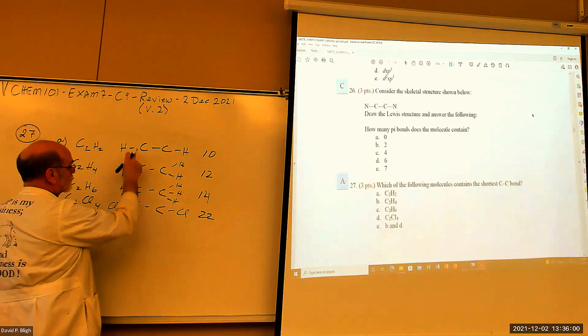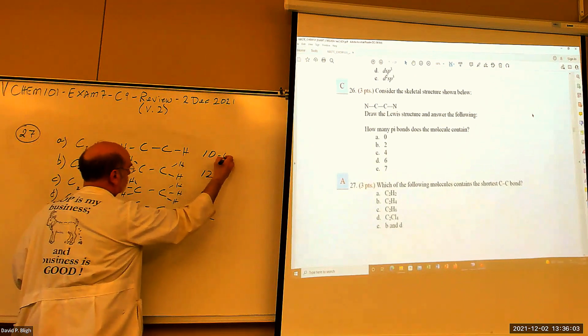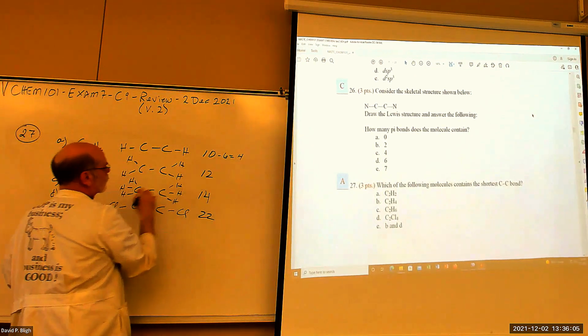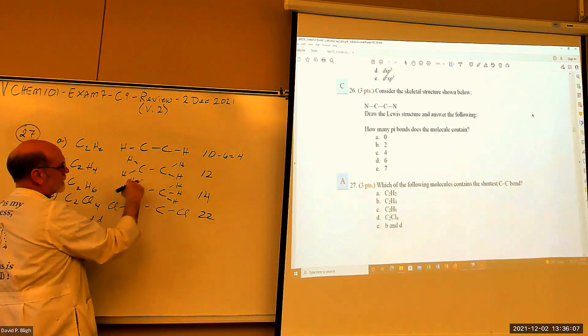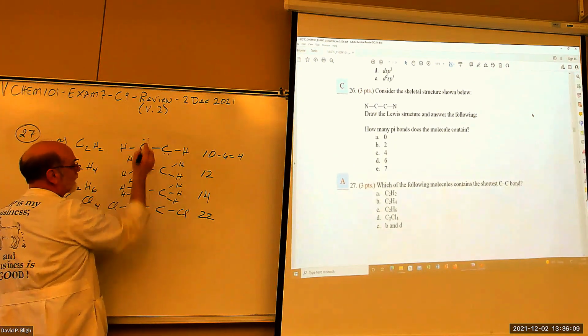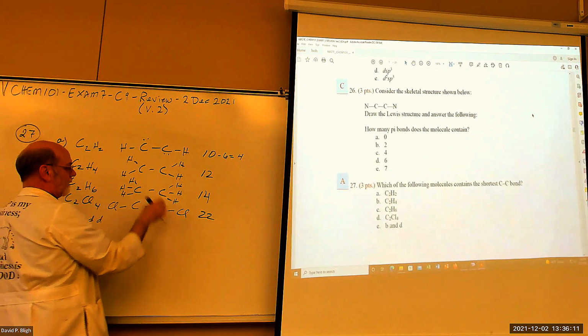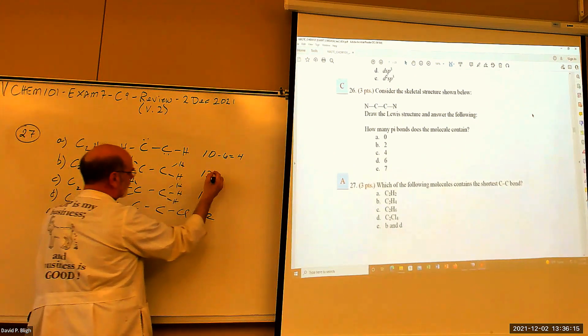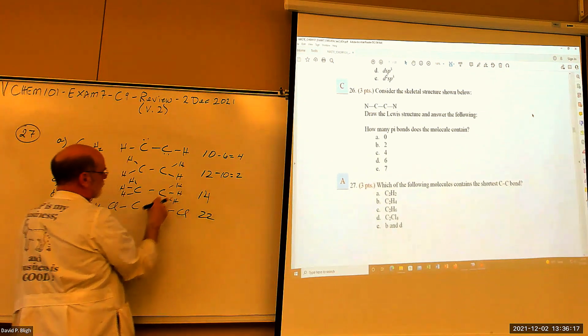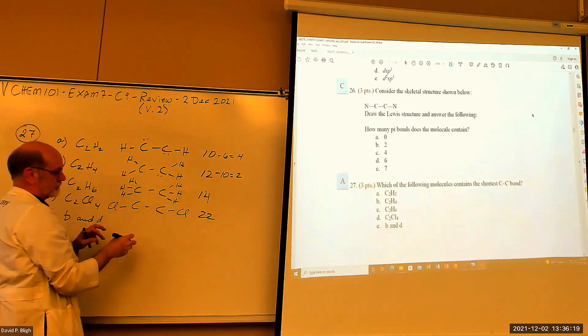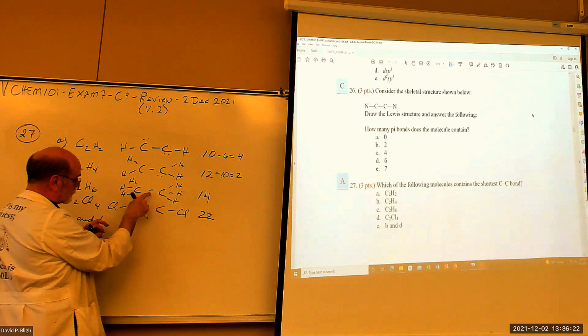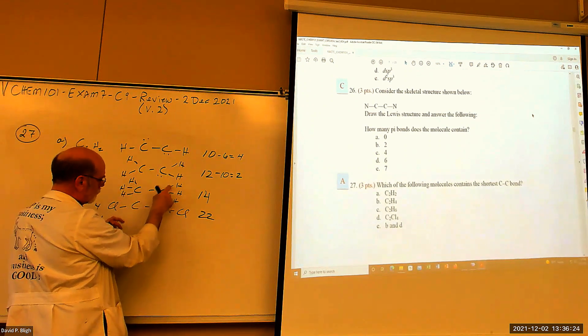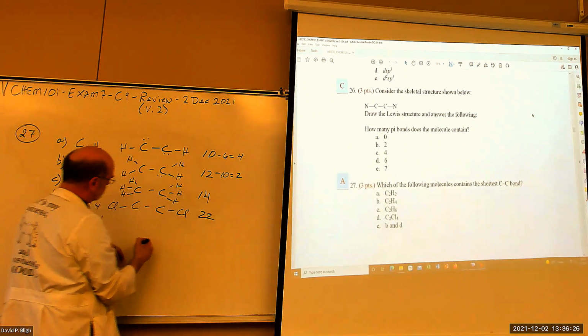Okay, so we've got 2, 4, 6. There's 4 left over. Can't put them on the hydrogens. So we can do like this, like that maybe. And we've got 12 minus 2, 4, 6, 8, 10 equals 2 electrons. So now to go there. Now we have 2, 4, 6, 8, 10, 12, 14. Those are all used up.